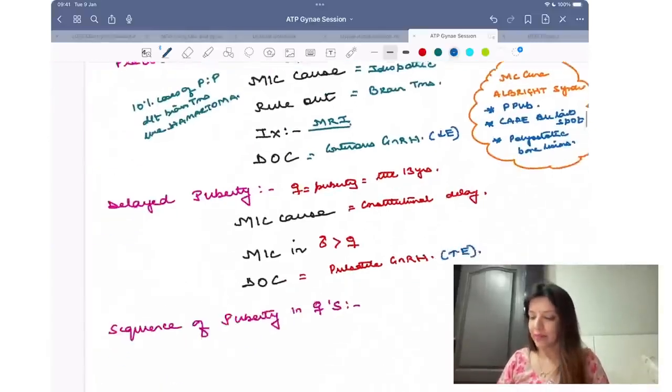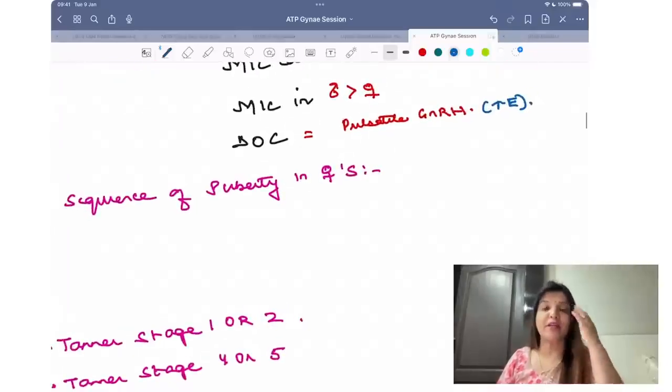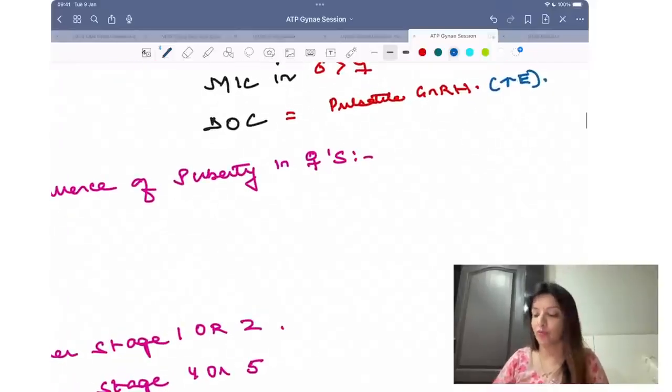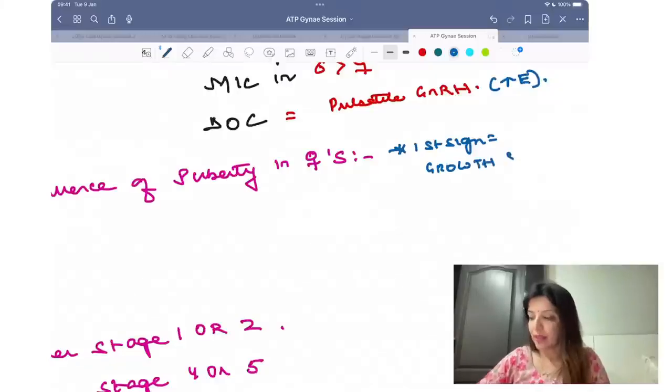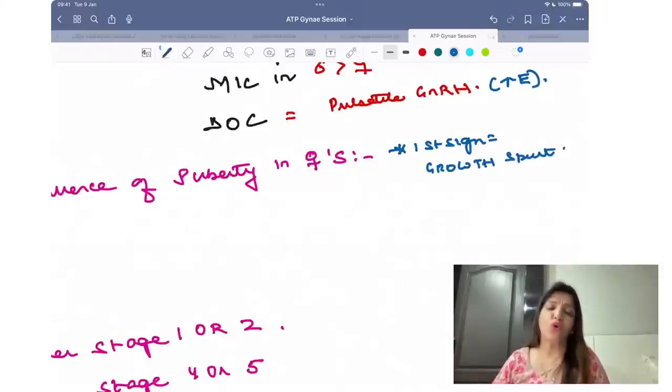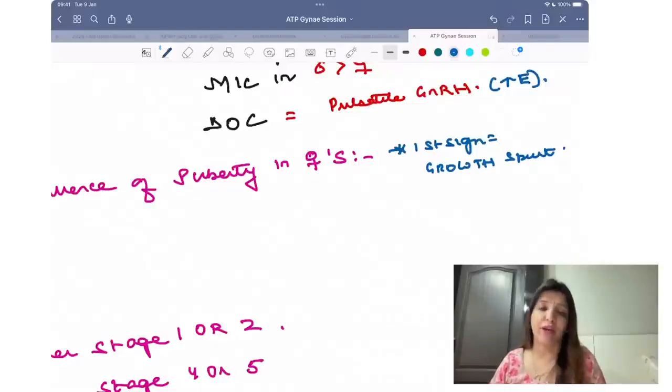Right? Then, what is the sequence of puberty in females? So, the first sign of puberty in females is growth spurt. I don't want any of you to tell me in the chat box what was taught in pediatrics. Hardly matters whatever was taught. In this case, I am a little dominant that you are going to write what I am telling you.